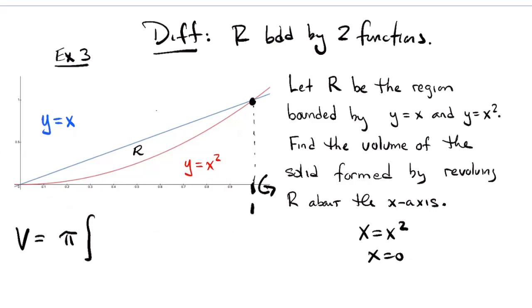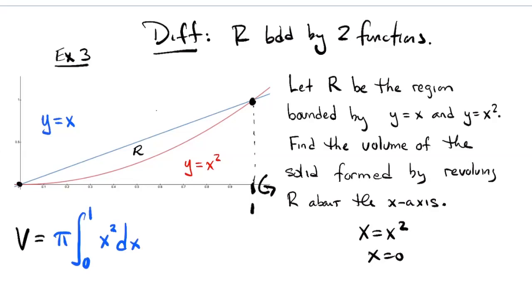In fact, let me write this in blue. If we take pi times the integral from 0 to 1, and then we take that function y equals x and square it, that's the volume that we would get from the blue curve.